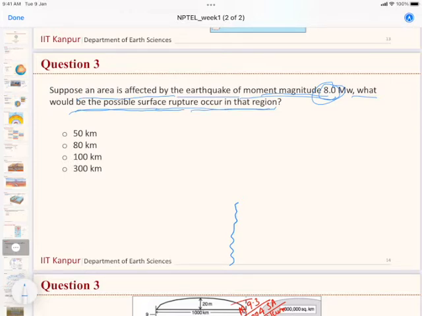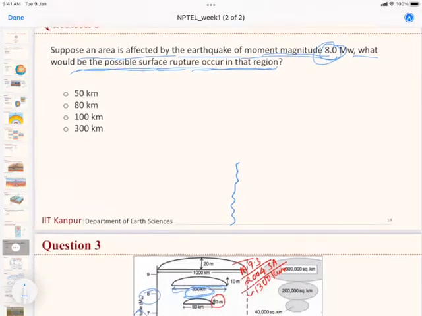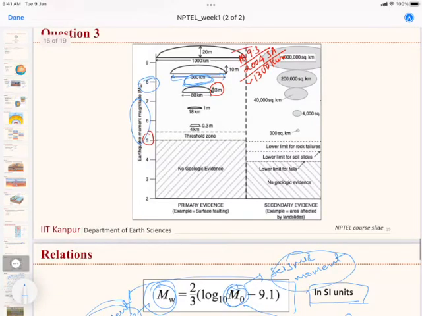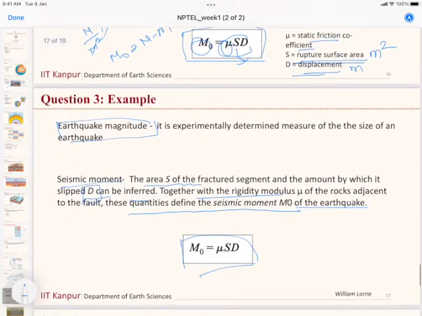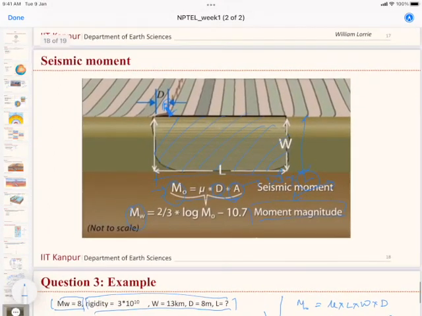Now let's visualize this scenario first to come up with the answer. Suppose an earthquake occurs, so these kinds of changes we can see on the surface.